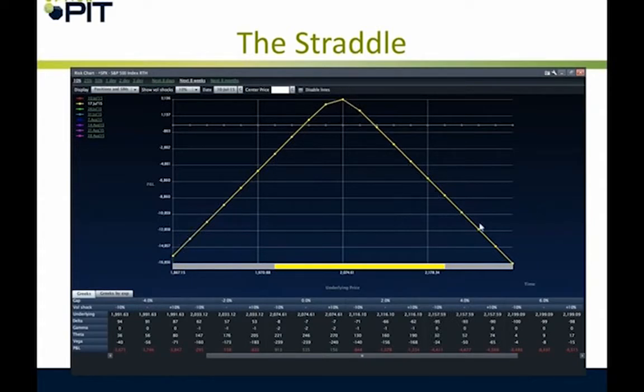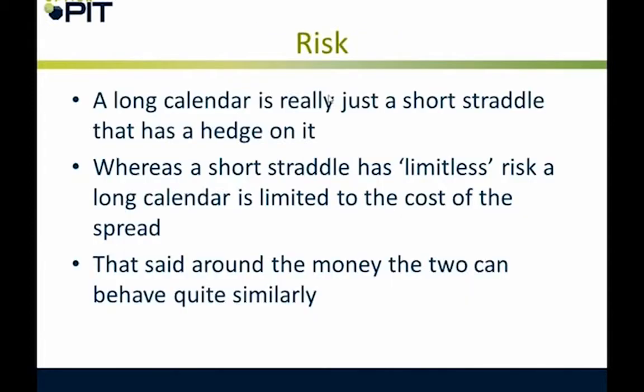If the S&P rallies, it makes money forever. A long calendar is limited to the cost of the spread. That said, around the money, near where the strikes are centered, the two can behave quite similarly.